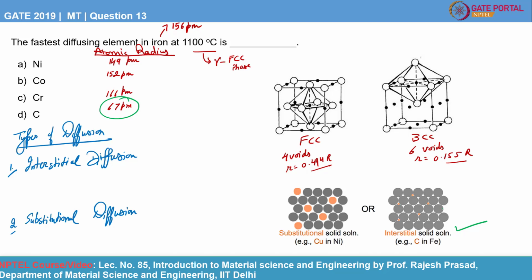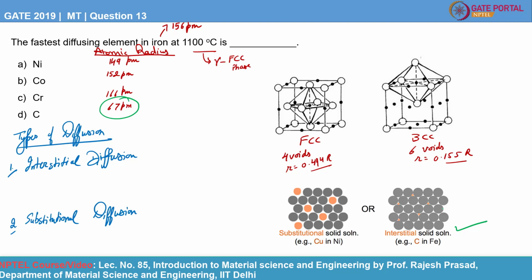Let us say in the case of 100 atoms of solid solution, there will be 91 iron atoms and 9 carbon atoms. That means 91 octahedral voids are available for 9 carbon atoms, which means only 10% of octahedral void sites are filled, while 90% of the octahedral void sites are vacant and thus available for interstitial diffusion.